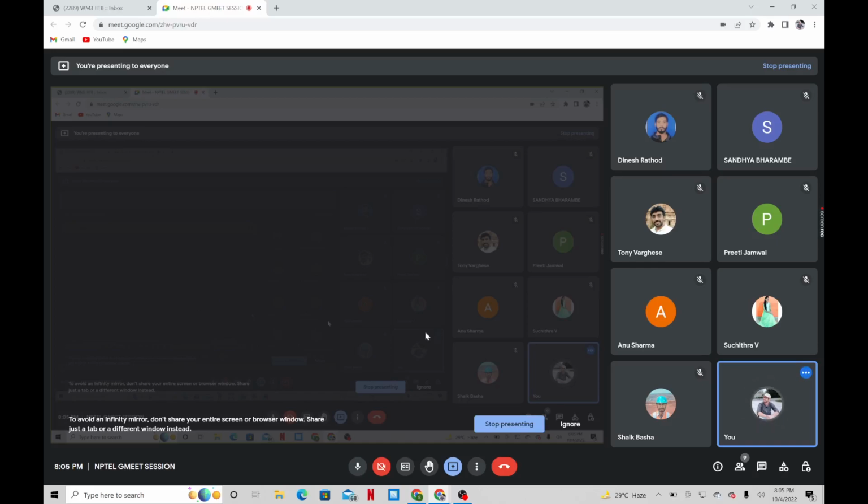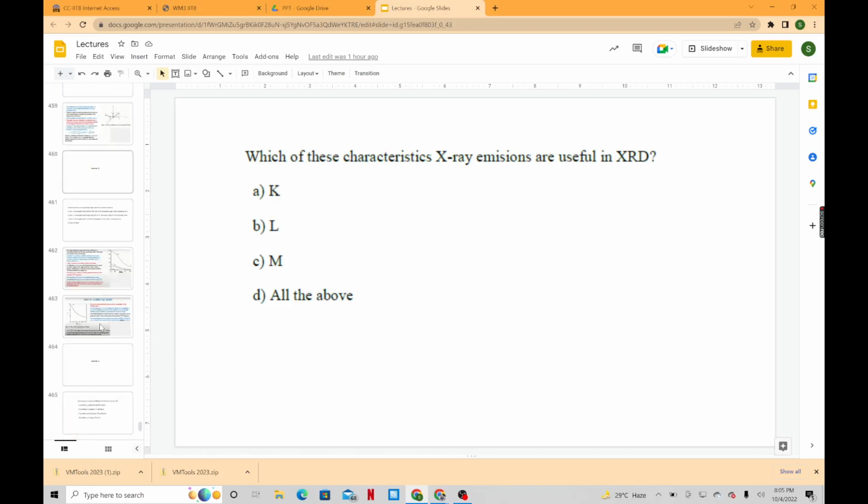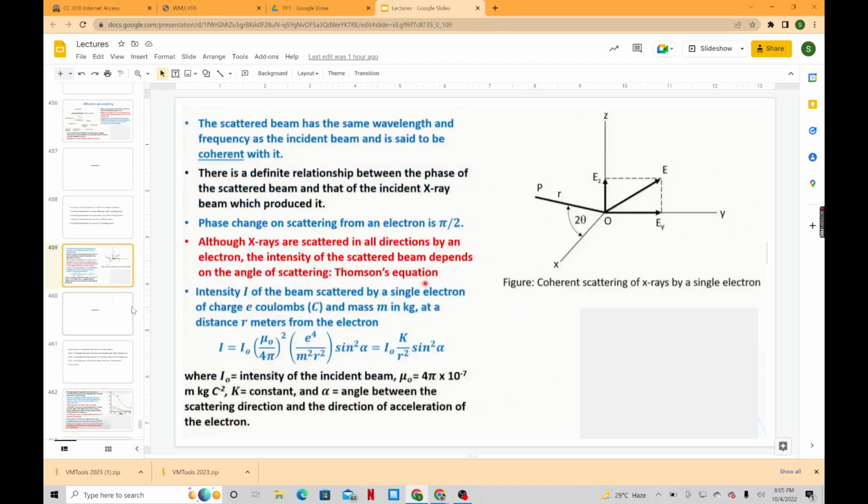Here this is the intensity of the scattered beam, and I naught is the intensity of the electron beam. So I think I naught will be different. It should not be equal.